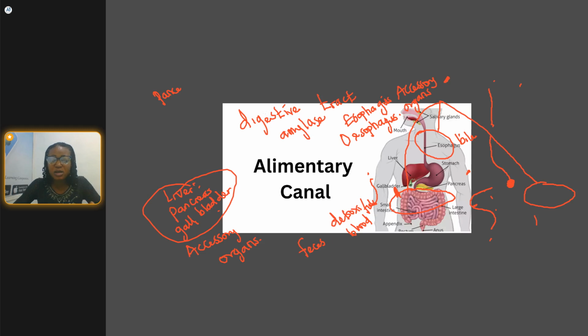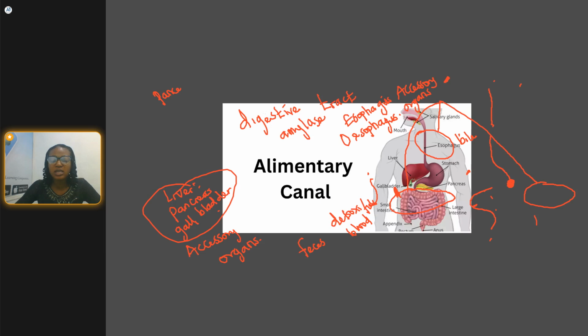So if the pancreas secretes amylase, it simply means that you have taken a starchy food. Whatever enzyme the pancreas secretes depends on whatever food you take in. So that is the function of the pancreas.